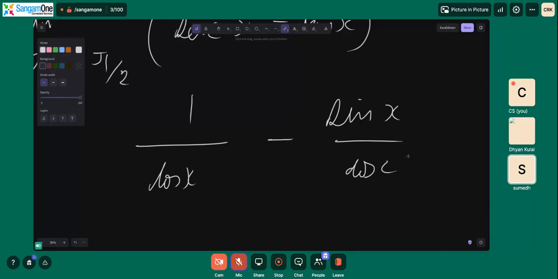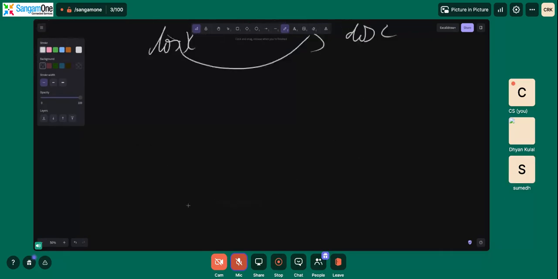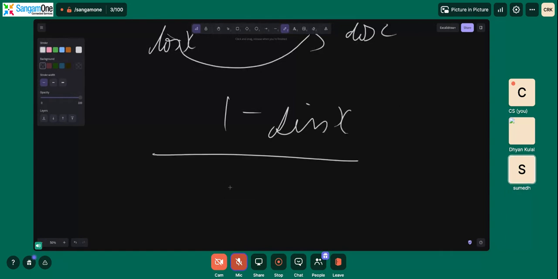I'm just trying to simplify it as much as possible. Now you can see both denominators are the same. So it will be 1 minus sin x by cos x.